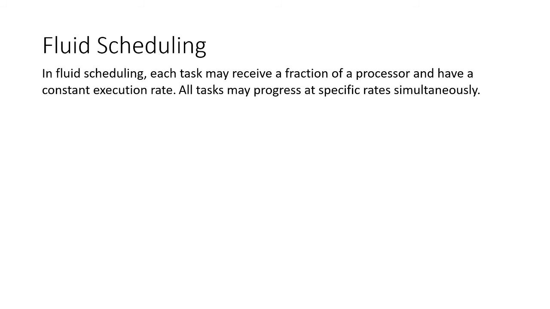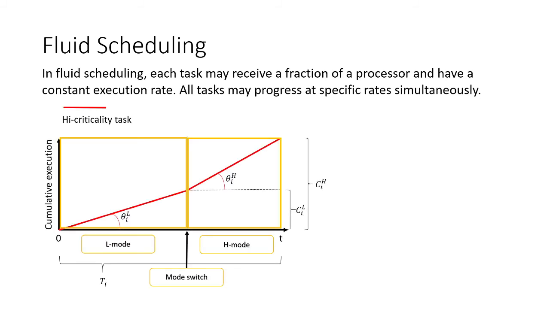We can describe it on this figure. The red line indicates the high criticality tasks. The system starts in low mode. In low mode, a high criticality task requires a constant execution rate which is larger than its utilization. It is to create enough space for additional execution requirements when the mode switch is triggered.